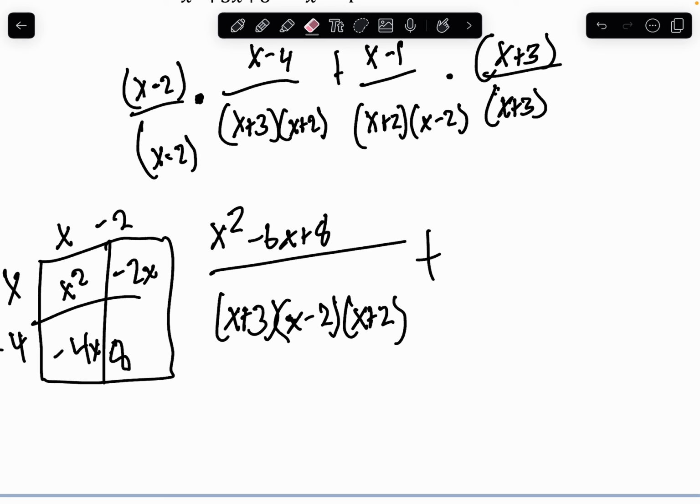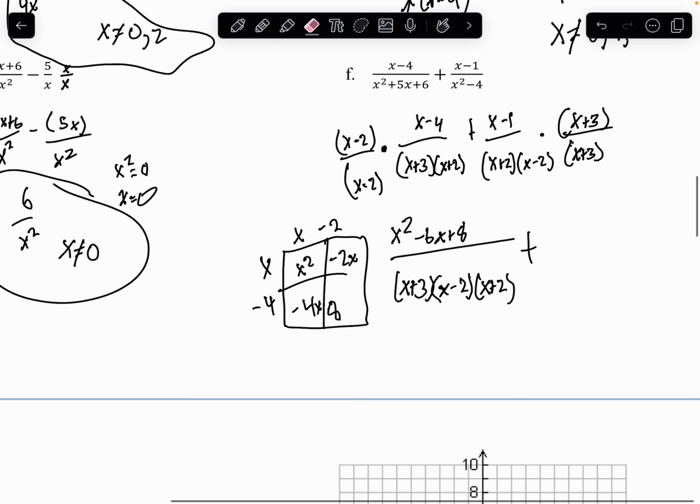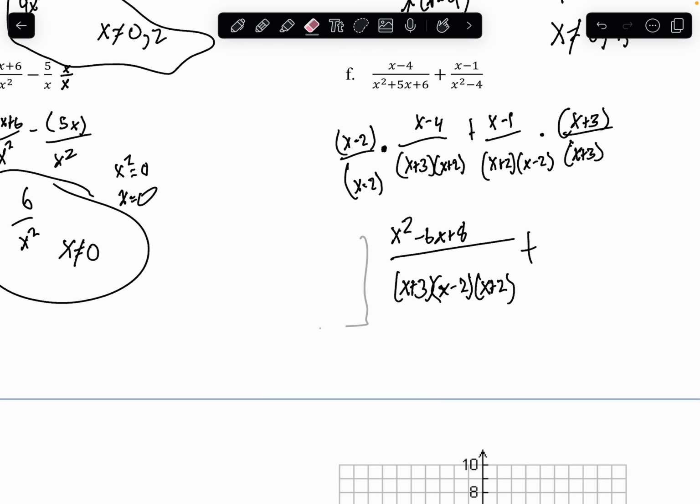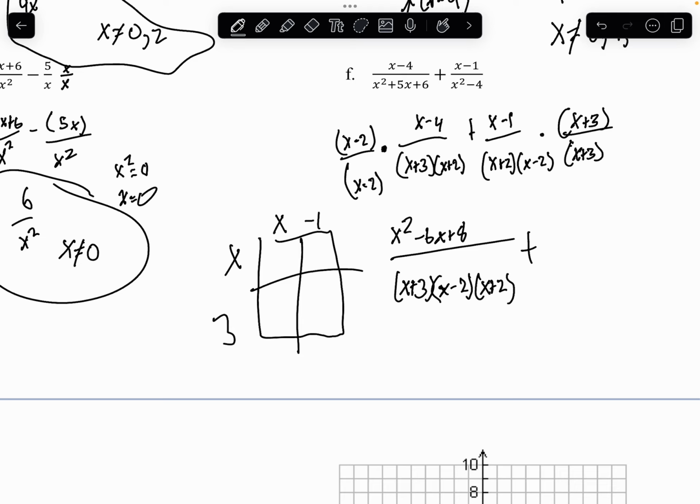Now I go to multiply the right side. X minus 1 and x plus 3. So x times x, x squared, 3x, negative 1, negative 3, sorry, my bad. And then a negative x.